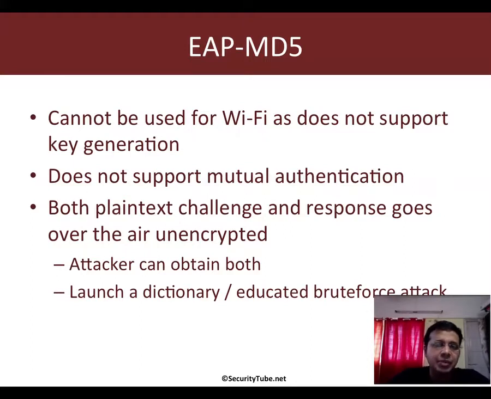At the very same time, as you've seen, both the plain text challenge as well as the hashed response are over the air totally unencrypted. This is a problem because an attacker can sniff both the challenge as well as the response and then pass it through various dictionary or educated brute force attacks.